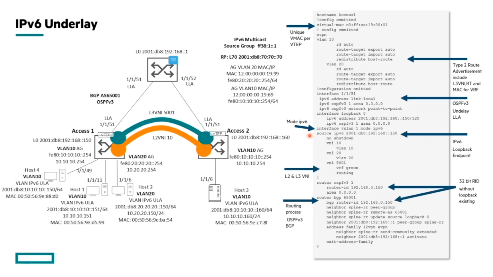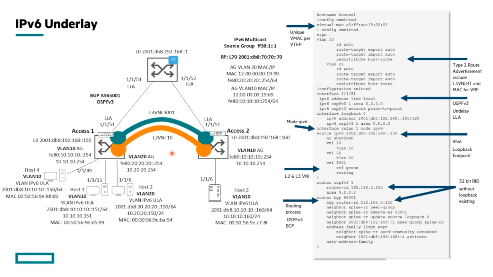The second thing that's different is that under the VXLAN interface, we have a keyword mode IPv6, which specifies that we are using v6 in the underlay for connectivity, and therefore you need to put in a v6 address as the source.